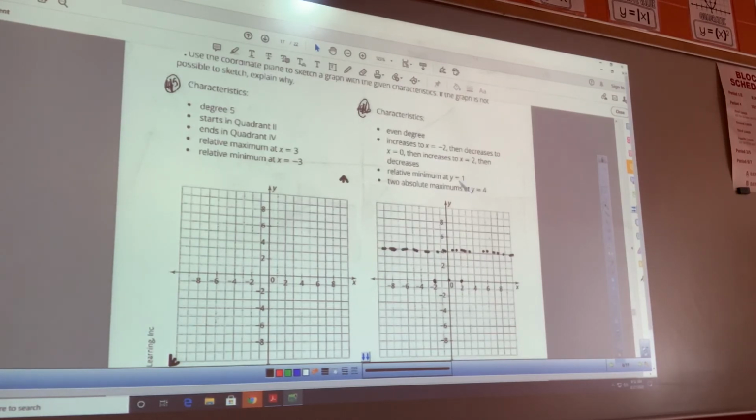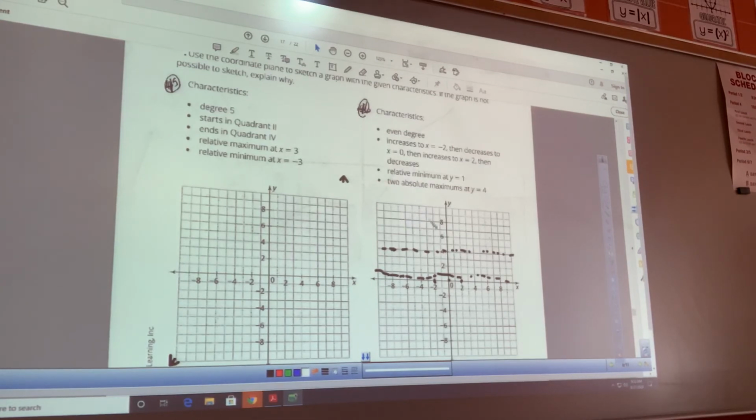And if I'm reading that right, let me get my packet and see if I can read it better from here. No, y equals 1. Okay. So it's going to have a relative min here. Sorry about the way that looks, but okay, even degree.